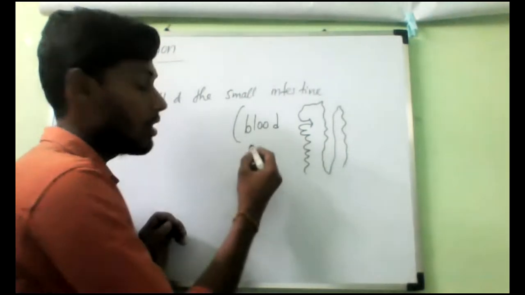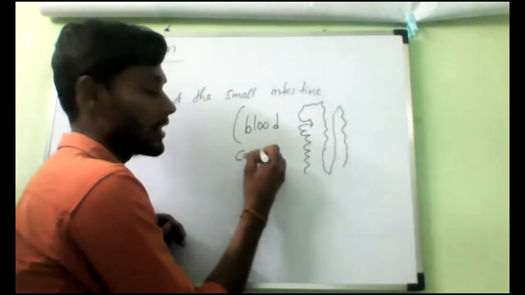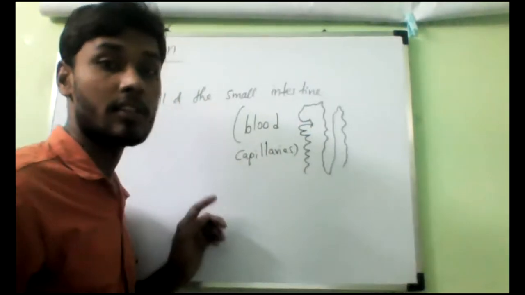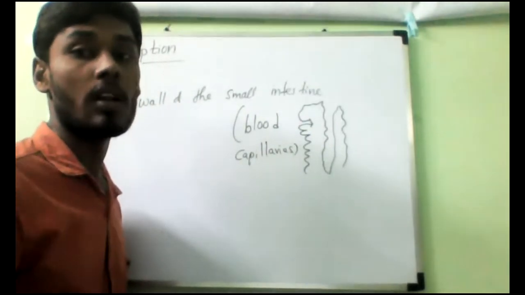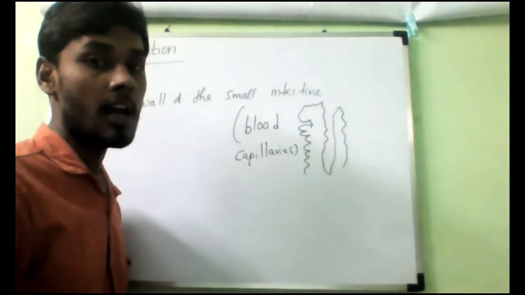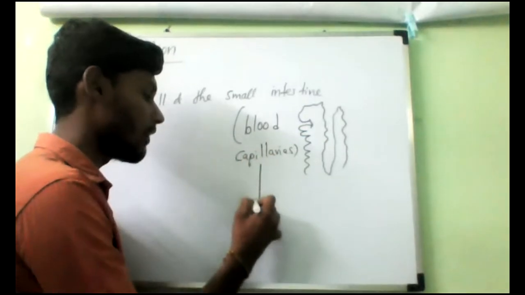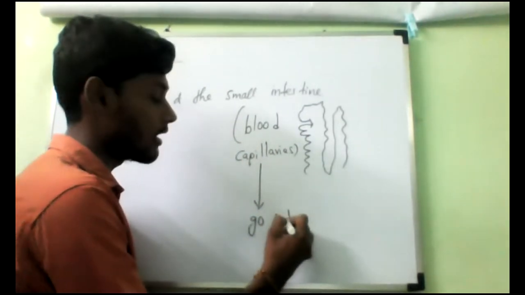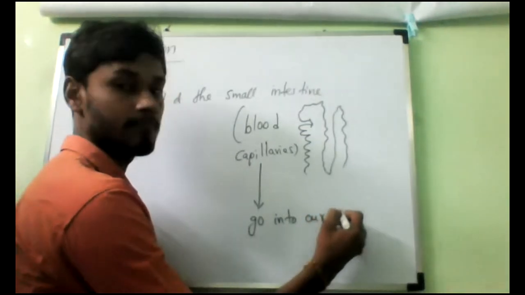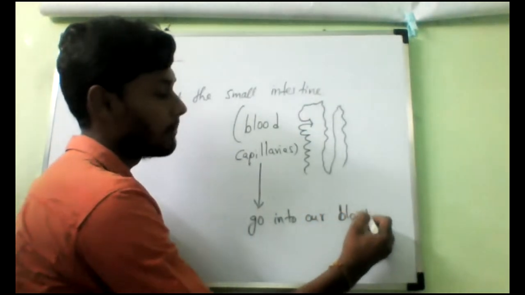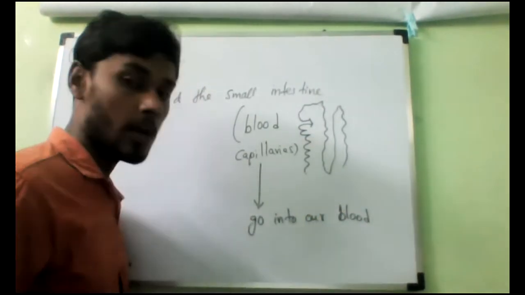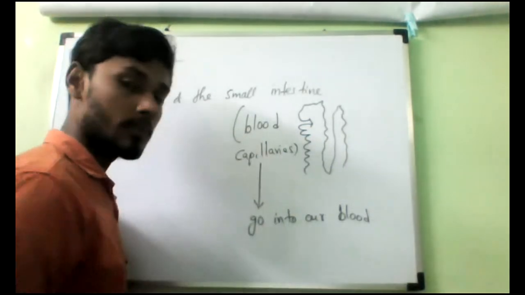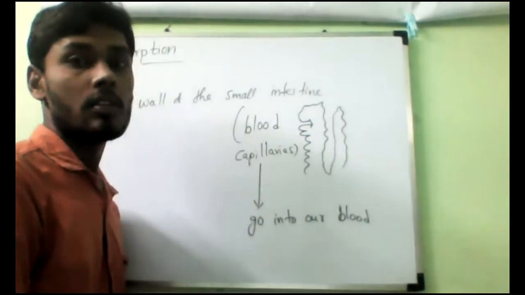Understand? So the food is ready to go through these blood capillaries present at the walls of our small intestine, and it will go into our blood. That is what is called absorption.